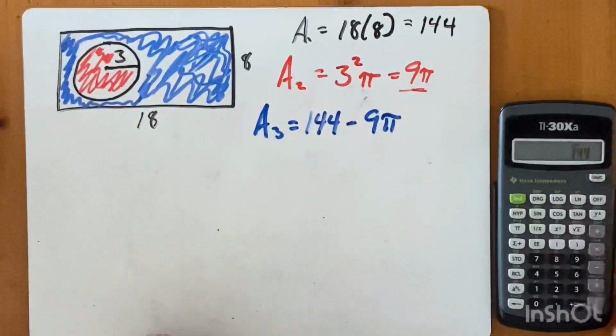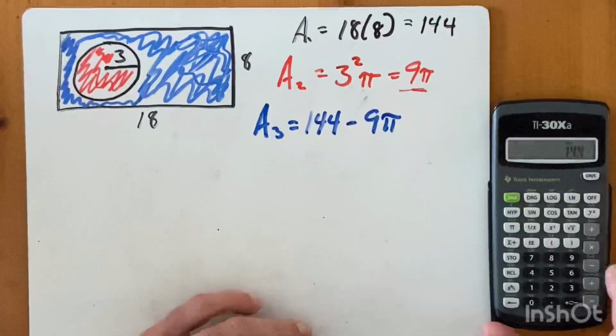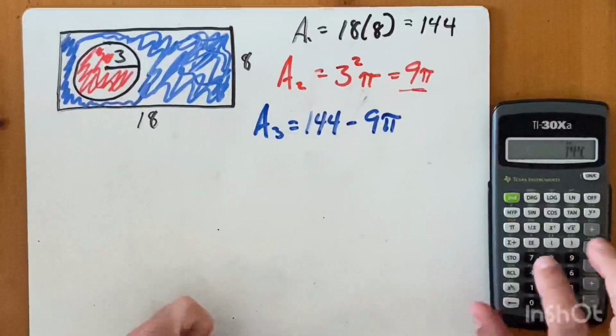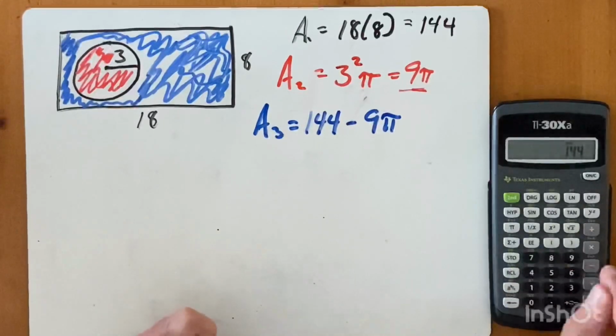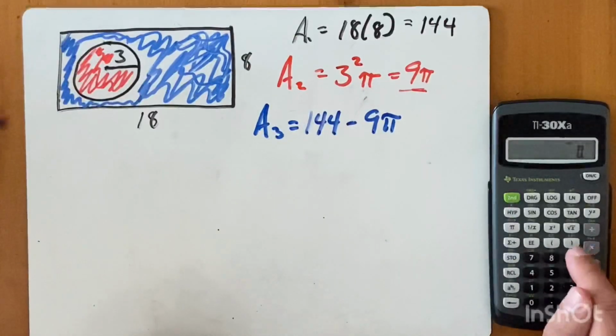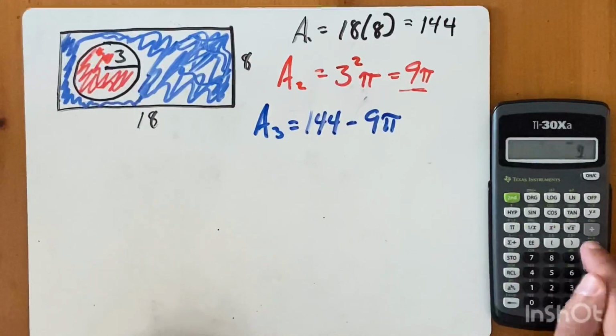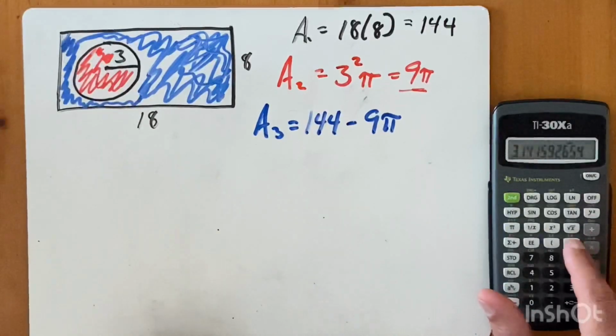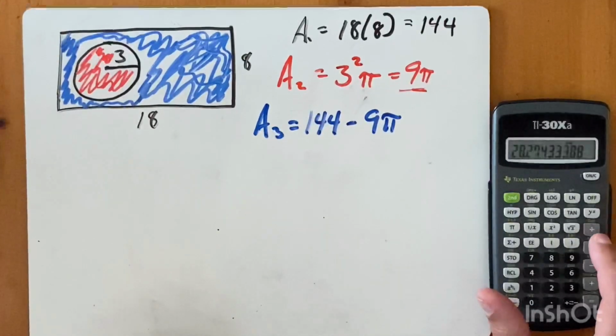I've already got 144 in my calculator, so I'm going to hit minus, and then use parentheses just to make sure that we multiply 9 times pi first before we subtract from 144. So I'm going to go parentheses, 9 times the pi key. Don't use 3.14. And then close parentheses.